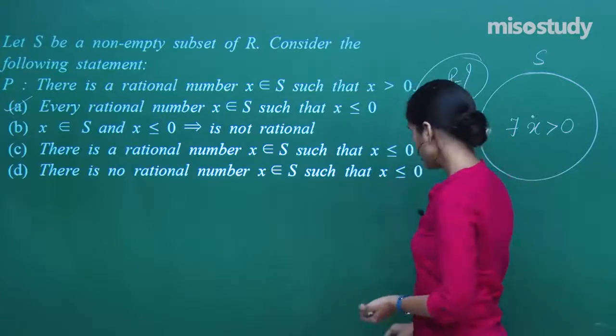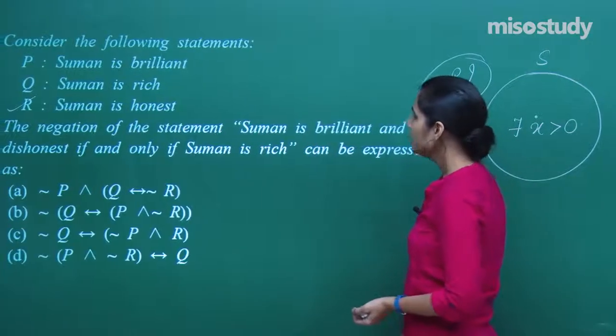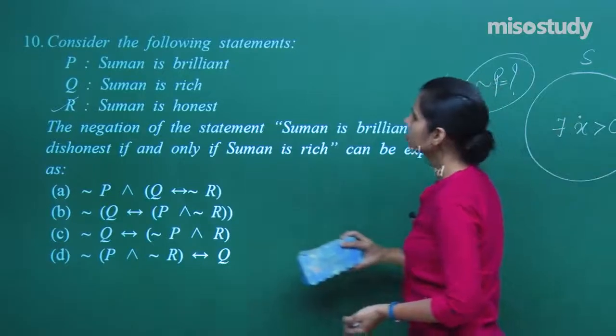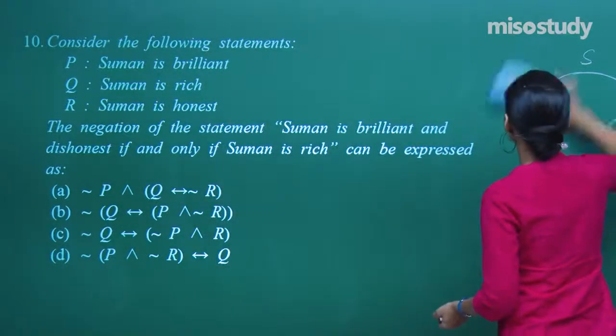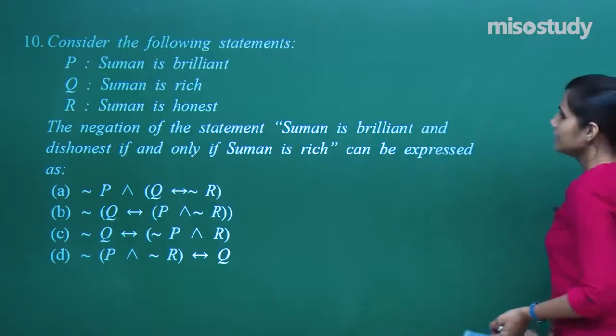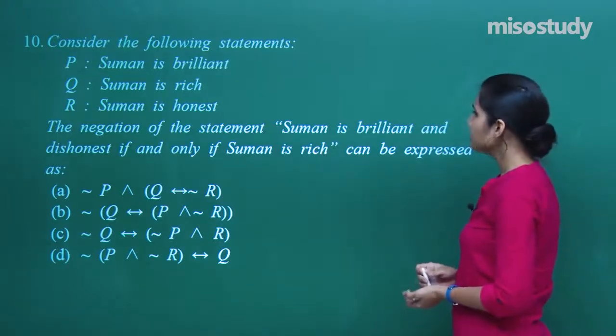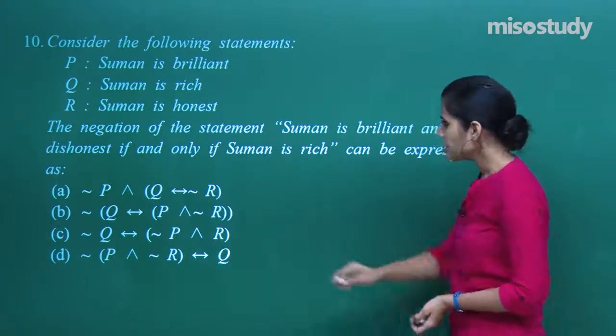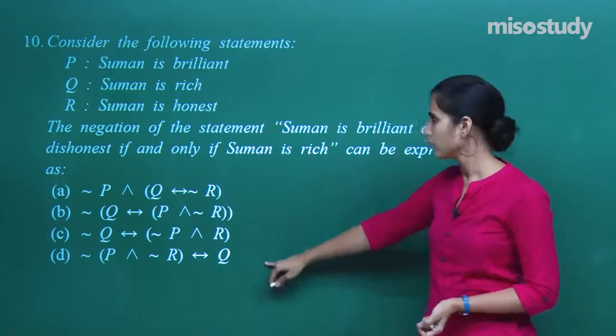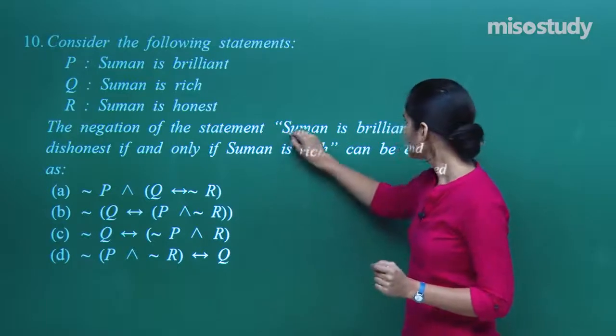Clear? And the next question we have, consider the following statements: Suman is brilliant, Suman is rich, Suman is honest. The negation of the statement Suman is brilliant and dishonest if and only if Suman is rich can be interpreted as what? Okay, slowly and steadily.